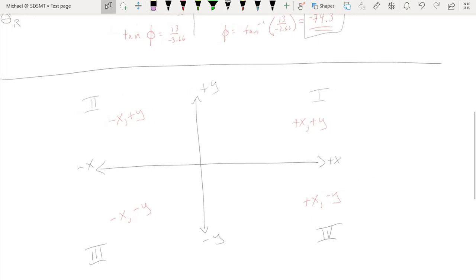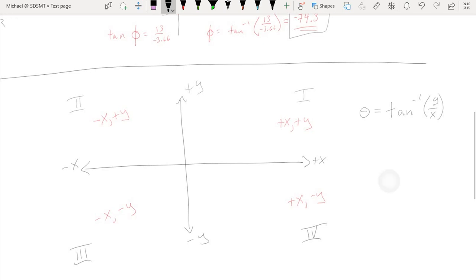Now, the reason I bring this up is because for any vector, regardless of the quadrant that it's in, we have a tendency to get a little complacent with our math, and we say that the angle that the vector makes is equal to the inverse tangent of the y component of the vector divided by the x component of the vector.